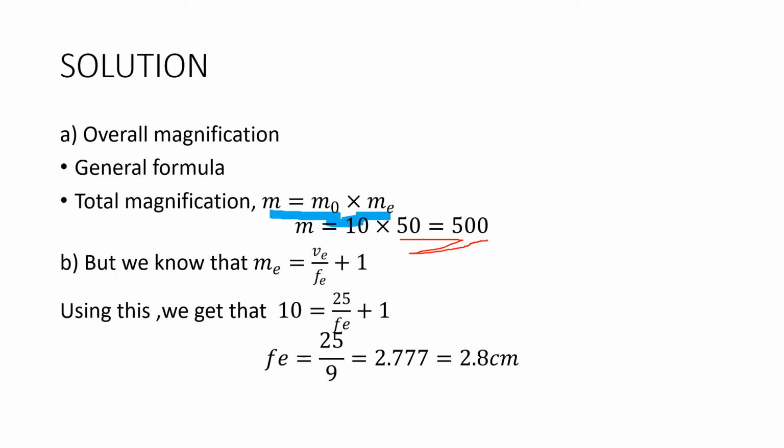Now we are asked to find also the focal length of each lens. Let me start with the focal length of the eyepiece. From the formula we know that ME is equal to D over FE plus 1, or VE over FE plus 1. I think you remember this formula; we proved where it comes from.